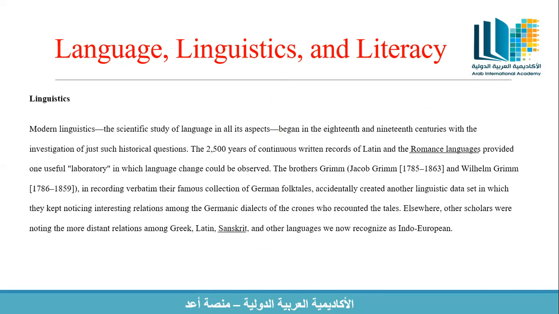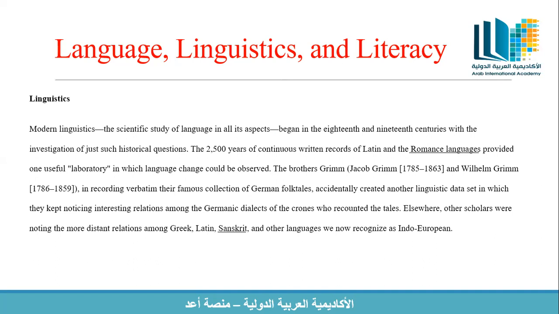So modern linguistics, which is the scientific study of language in all its aspects, began in the 18th and 19th centuries with the investigation of just such historical questions. The 2,500 years of continuous written records of Latin and Romance languages provided one useful laboratory in which language change could be observed.